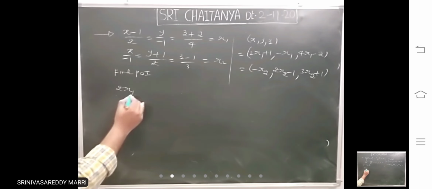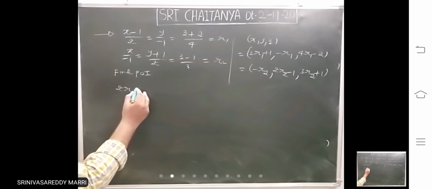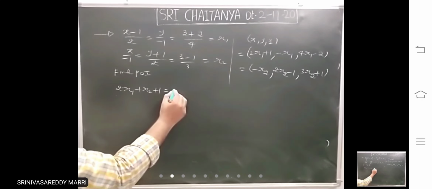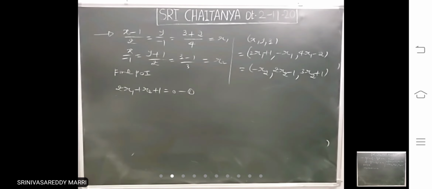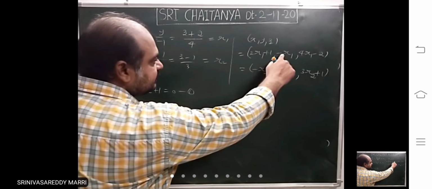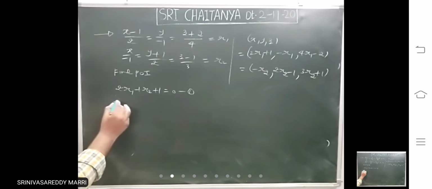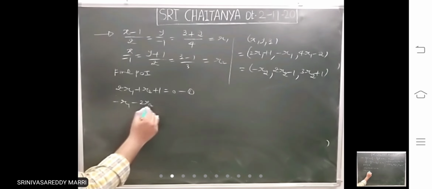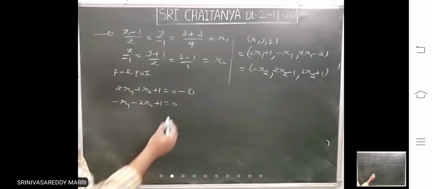That means what you will get: 2R1, bring this side, R2 plus 1 equal to 0. Number 1, first equation. Second equation is equate this to this. So minus R1, bring this side, so minus 2R2 plus 1 equal to 0.